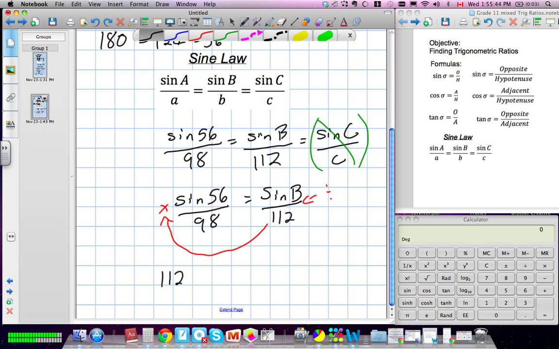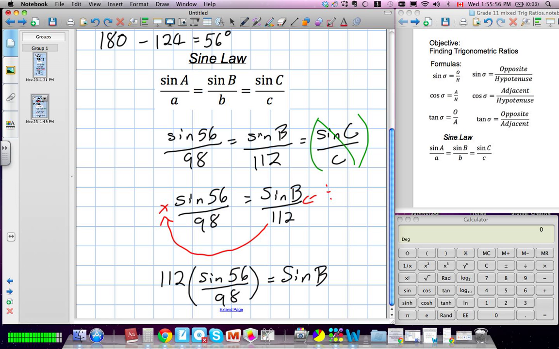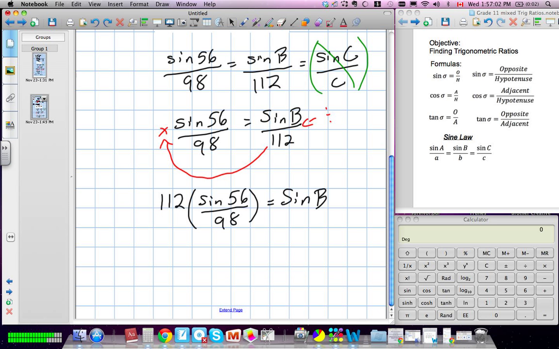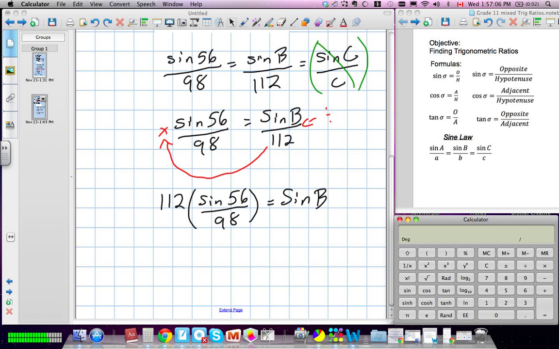We have sine 56 divided by 98 times 112 gives us 0.94747 and continues.